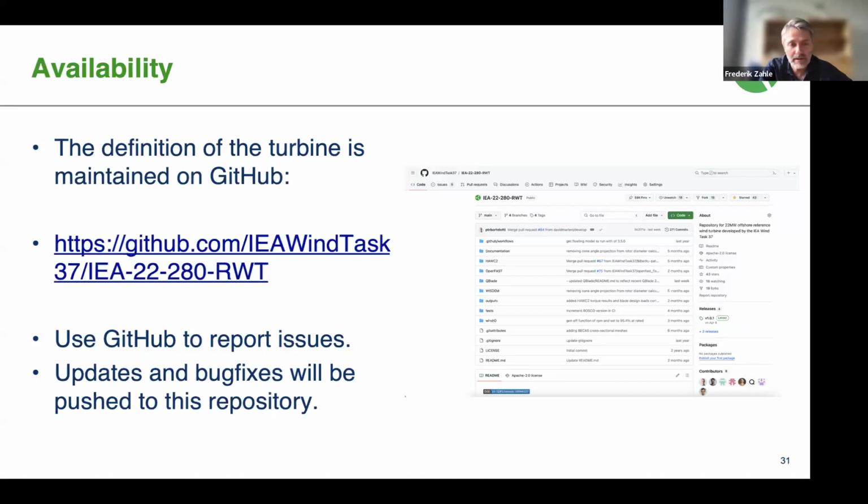There's also a Bladed model, and this is distributed directly by DNV through their Bladed portal.